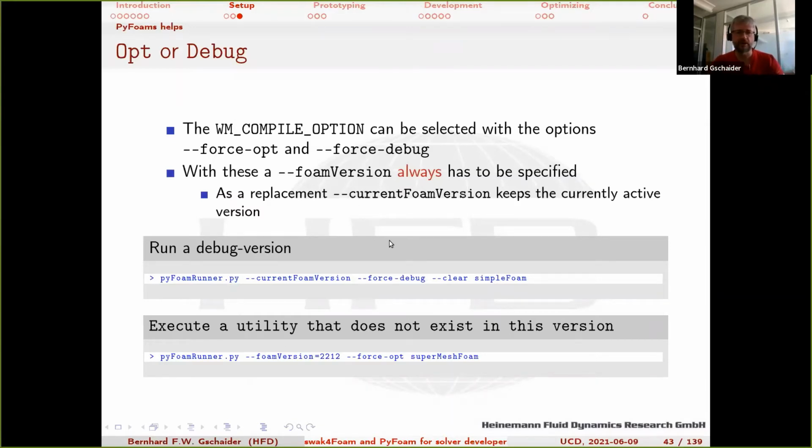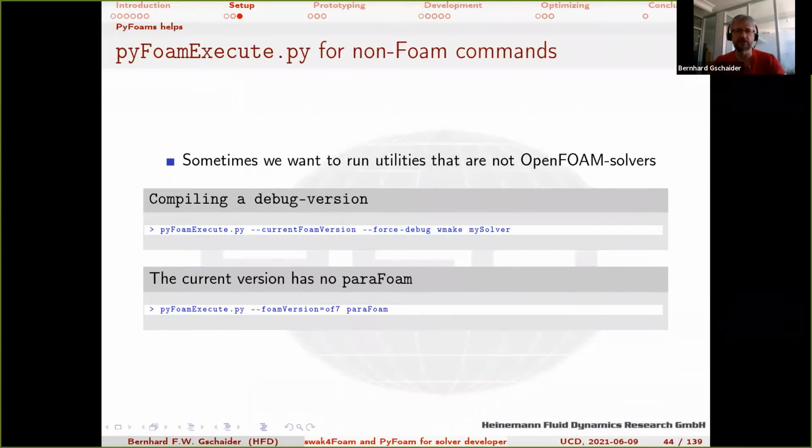With that, PyFoam knows, okay, switch to the debug version and do it with that. So you can switch to the debug version, for instance, to run simpleFoam in the current one, or you can switch to another OpenFOAM version because there is a utility there that will be released 2 years in the future.